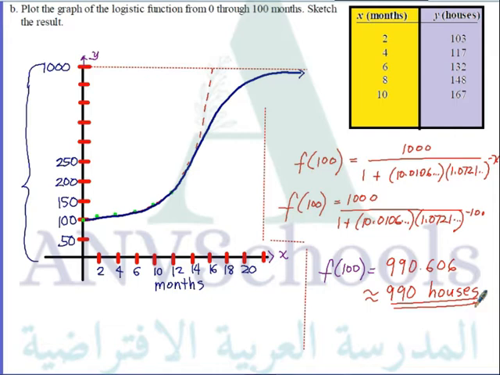Okay, so that is the graph of our logistic function from x equal to 0 through 100 months. So let us just extend this to 0, so it will be like that.